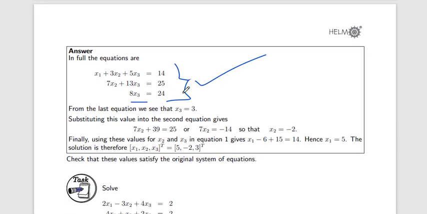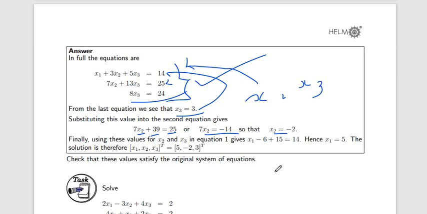Here you can see our simple method, the back substitution method: x3 is equal to 3. Then we apply this in the second equation, 13 into 3 is 39, and we get the answer for x2. Then we put the x2 and x3 values in equation 1, and we get x1 equal to 5.